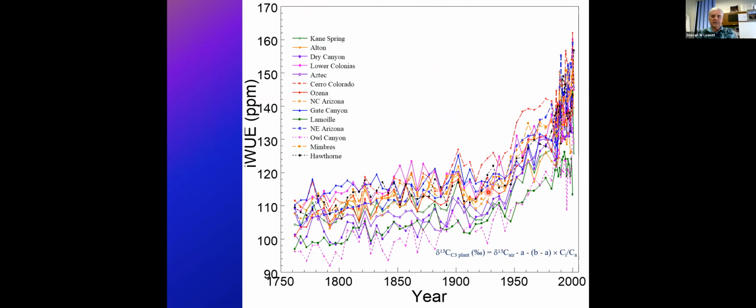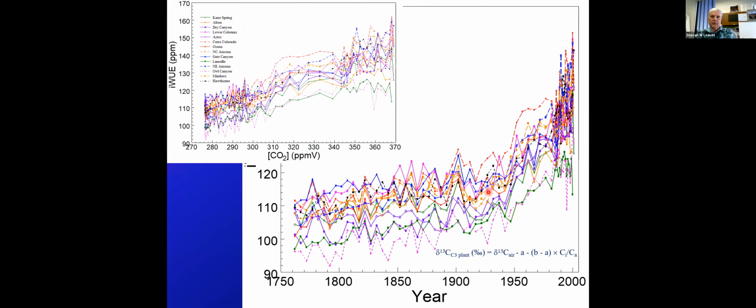Okay, another thing was water use efficiency. So this is a calculation of water use efficiency with those isotopes. That's through time. This is based on CO2 concentration. This is funny. So this is 2000 CO2 concentration.